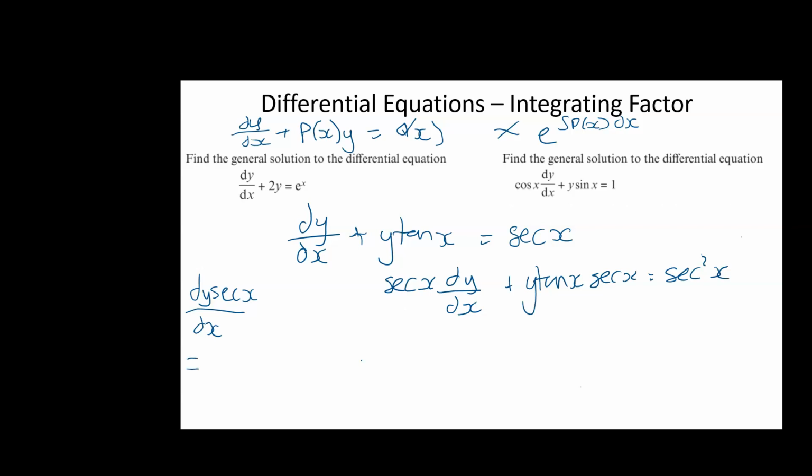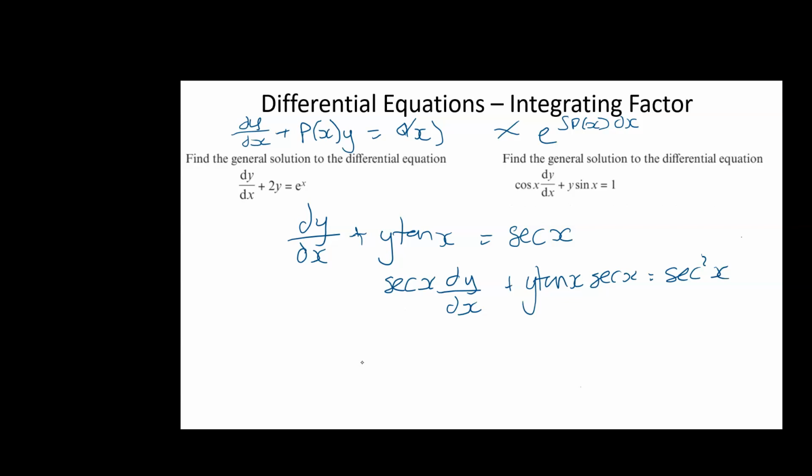So this would be the first times the differential of the second, so that's fine, plus the second times the differential of the first. And the differential of sec x is tan x sec x. So it is giving us exactly what we need. So that's good, so it's working. So we can get rid of all that then. That was just to check that we were on the right lines.